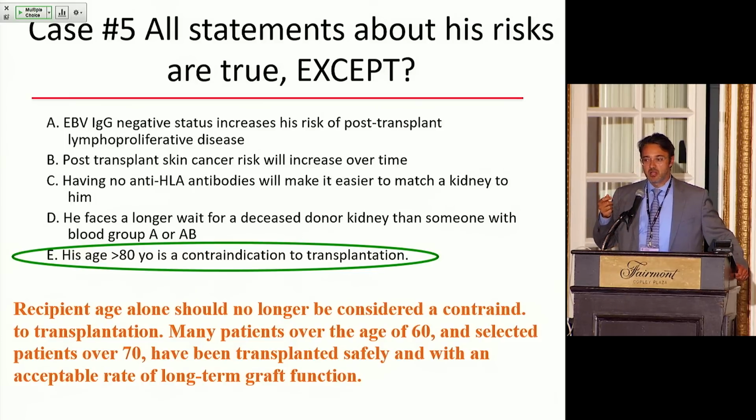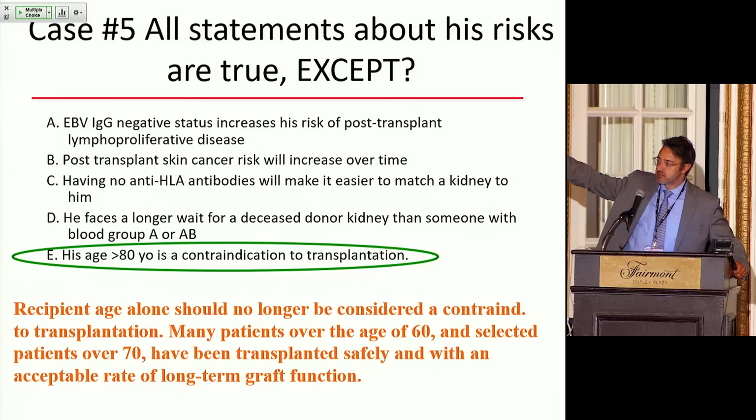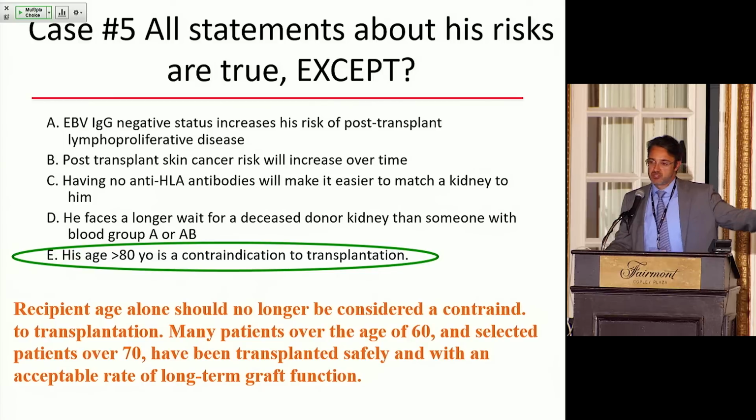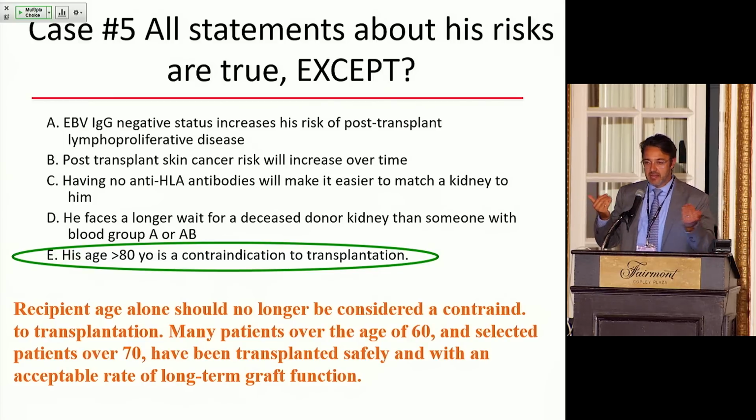But then the issue becomes a lot of times the quality of life, right? You put somebody on dialysis, and we know that mortality in dialysis is extremely high. But when we're talking about somebody already in their 80s, how many extra years do you expect for this patient compared to if they would just stay on dialysis? The benefit number-wise doesn't become as significant, but there's the issue of quality of life.